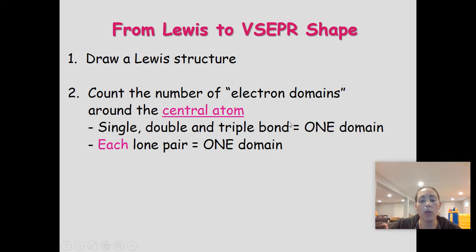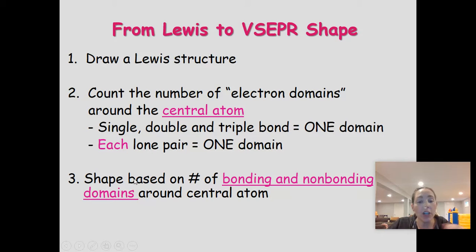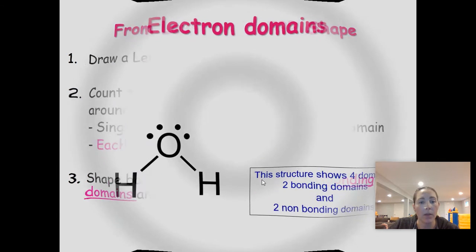Any single, double, or triple bond counts as one single domain. It's just one area coming off of that center atom. And then each lone pair also counts as one domain. The shape then is based on the number of bonding and non-bonding domains around the central atom only.